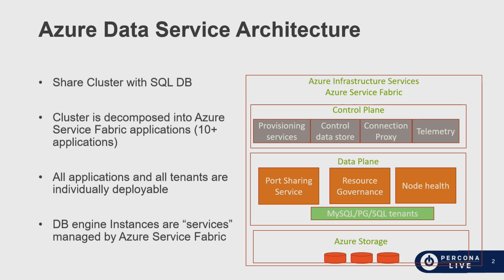cloud service. So here I'll talk a little bit, from 1,000 feet above, about what the service looks like. First of all, we share the hardware, like the cluster, with SQL Server for all the services we just talked about.